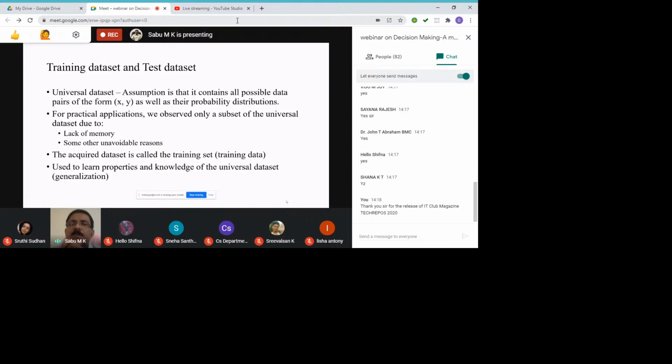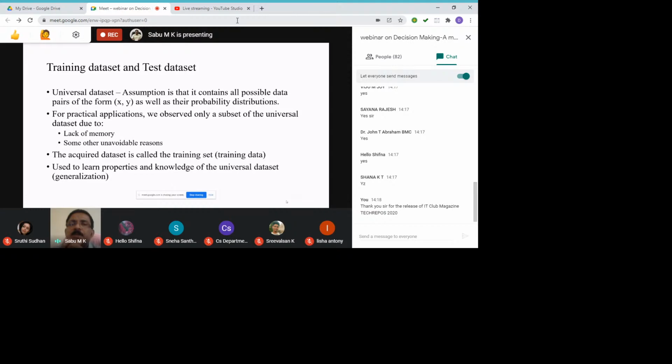For practical applications, we observe only a subset of the universal data set due to lack of memory and other unavoidable reasons, because in our computer the memory is limited. So it is not possible to store all the data available in the world.